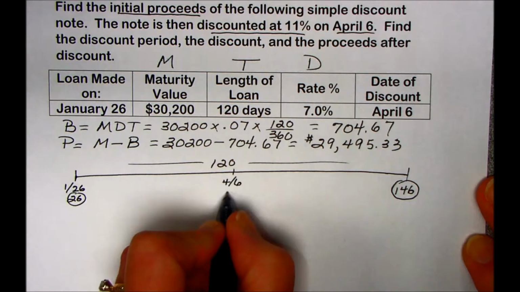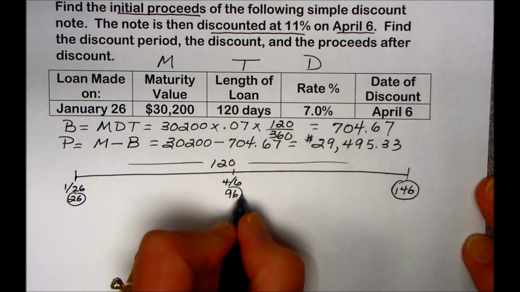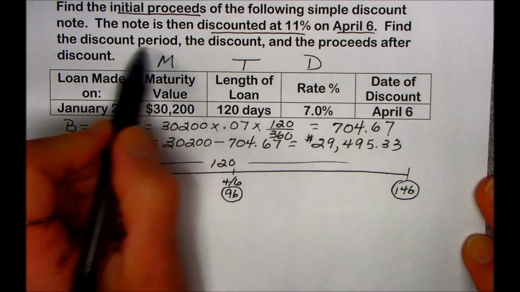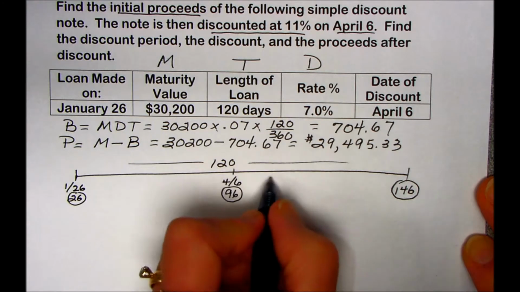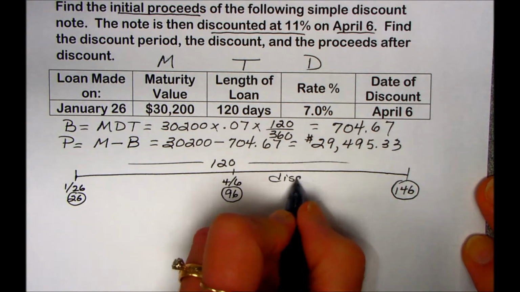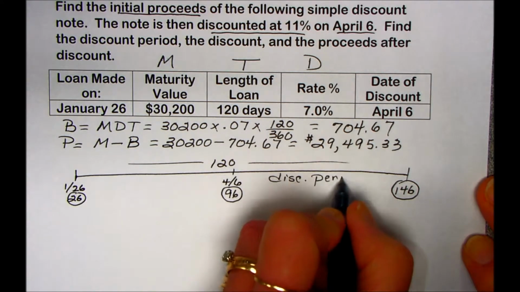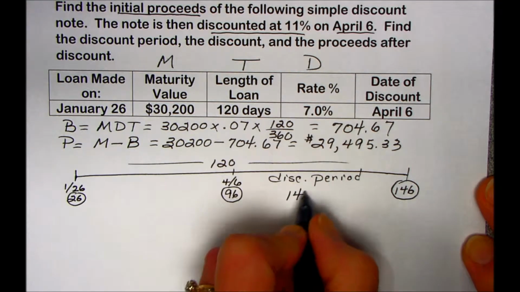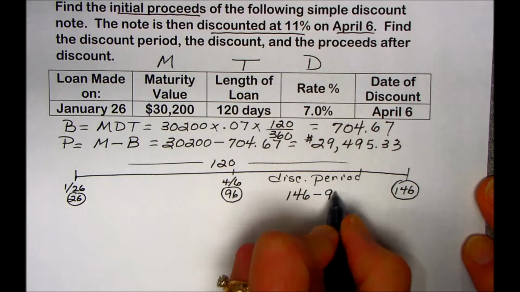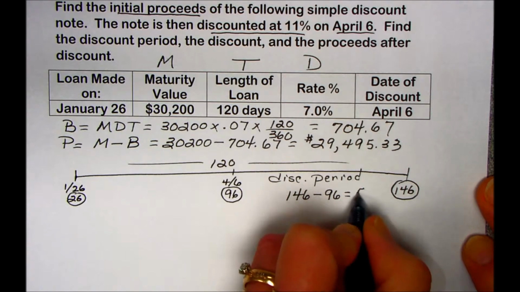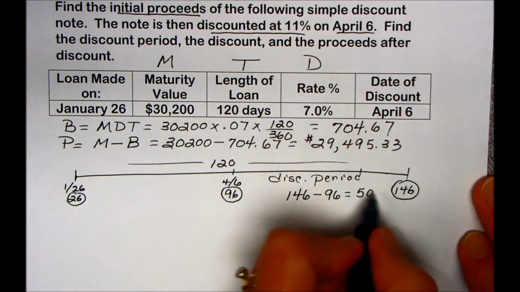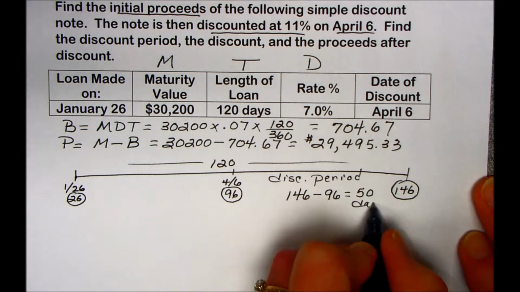April 6th is the 96th day of the year, and to determine the discount period, that refers to the time remaining on the note. So we need to know how many days between the maturity date and when it is discounted, which is equal to 50 days. That answers our first question. The discount period is 50 days.